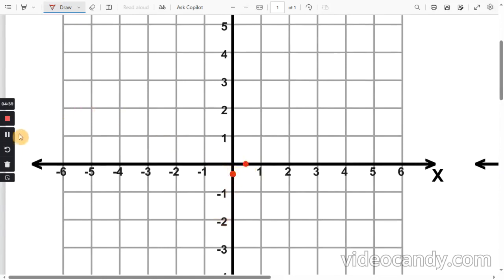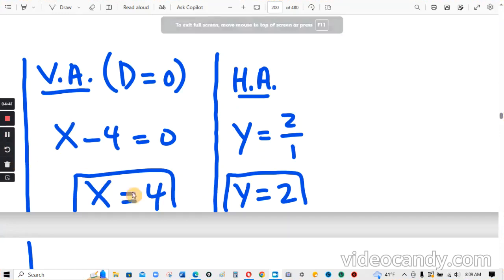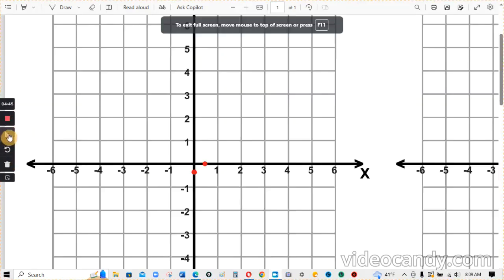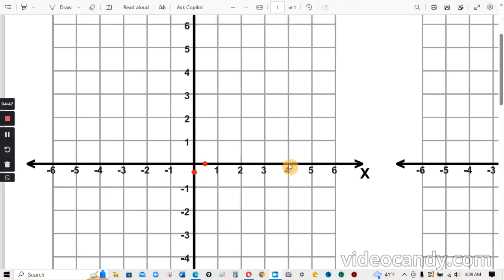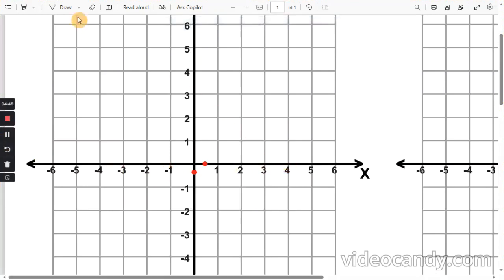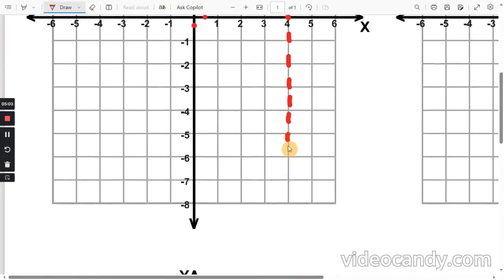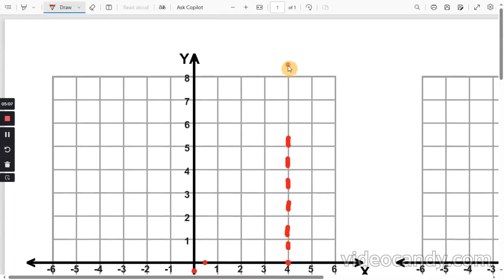All right. The asymptotes are at x equals 4 and y equals 2. All right, x equals 4 is right here. So it's going to go right through x equals 4. And y equals 2.